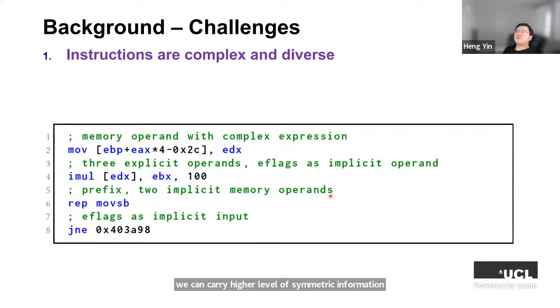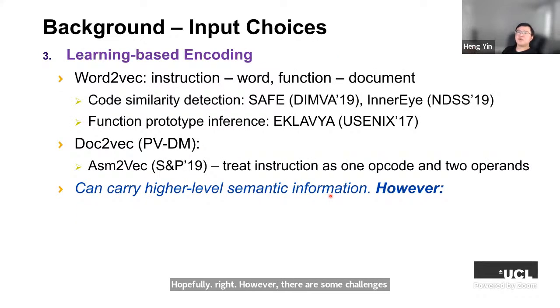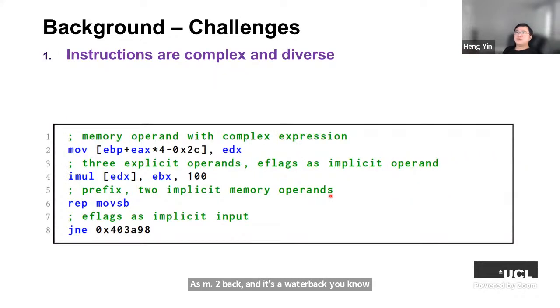However, there are some challenges that this approach, in particular ASM2Vec and word2vec, didn't address. First of all, instructions are actually complex and diverse, especially true for x86 instruction sets. I'll just give you a few examples here. You may have very complex expressions, or you may have, in this case, three operands, not just two.